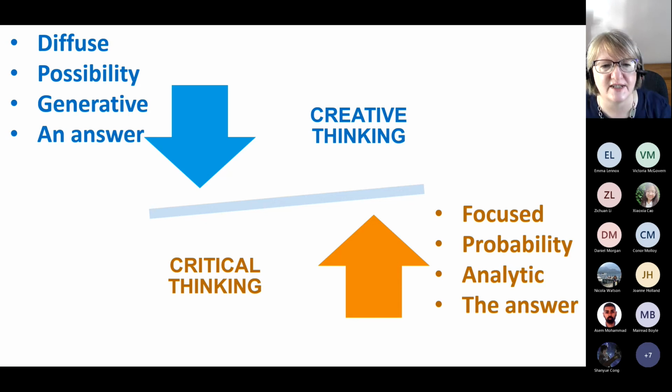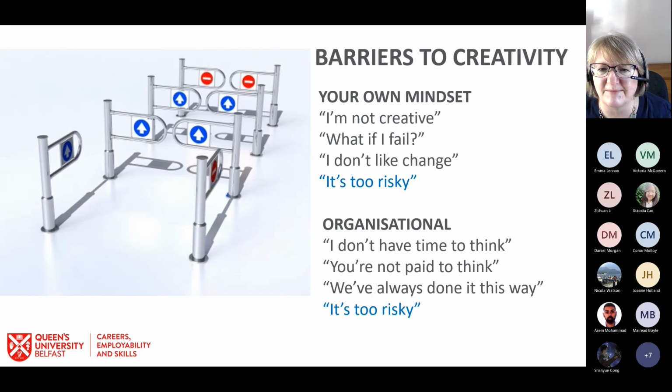Okay, so you can see there on the slide, your critical thinking, more focused, more analytic, looking for one answer, and your creative thinking, basically broadening out: what are all the answers that could be here? I'm not, by the way, trying to be critical of the education system, just talking about how creative thinking might be changed within adults, basically.